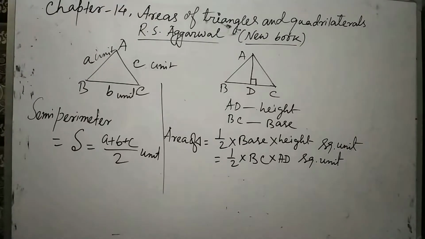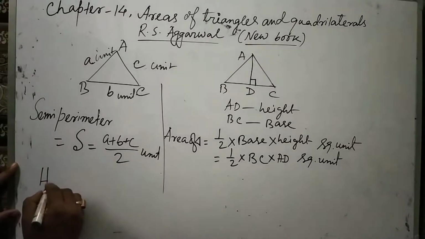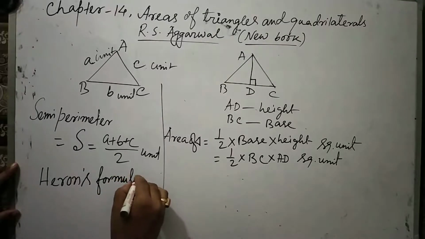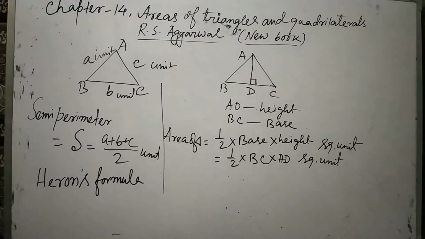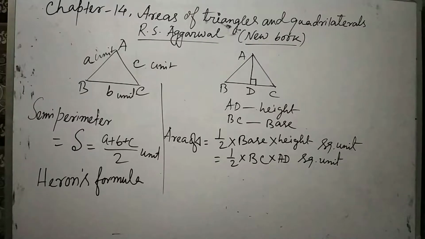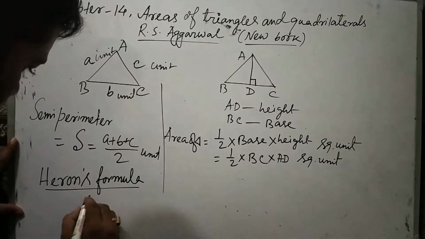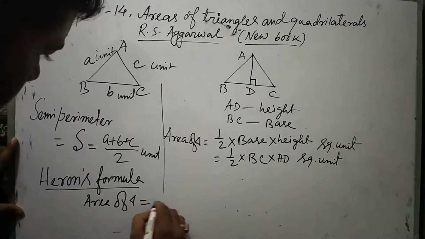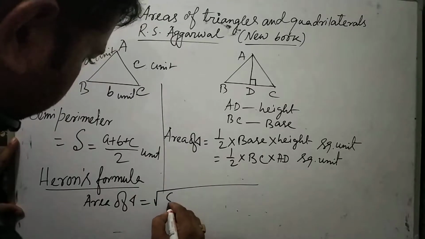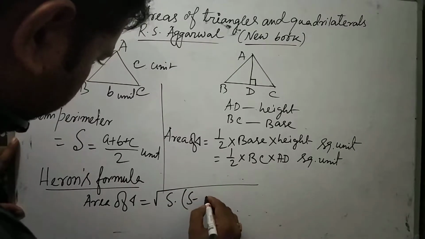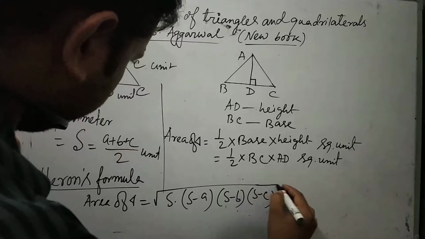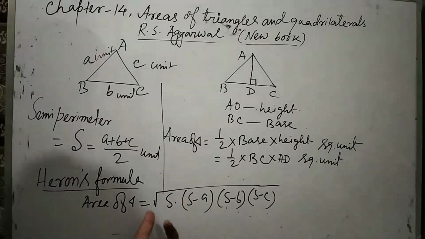Therefore, Heron's formula to find out the area of the triangle ABC says that area of triangle equals root over S into S minus A into S minus B into S minus C. The whole thing is under root.